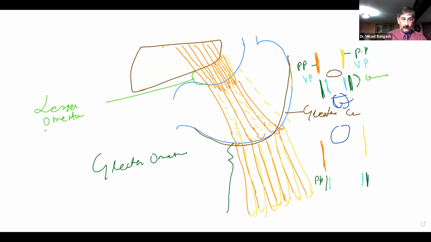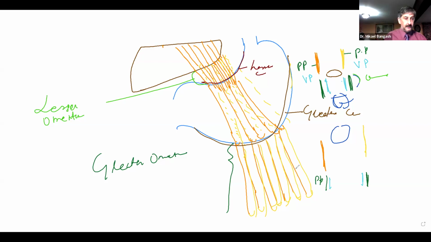Whereas this curvature of your stomach here is the lesser curvature. So at the lesser curvature, lesser omentum; greater curvature, greater omentum.